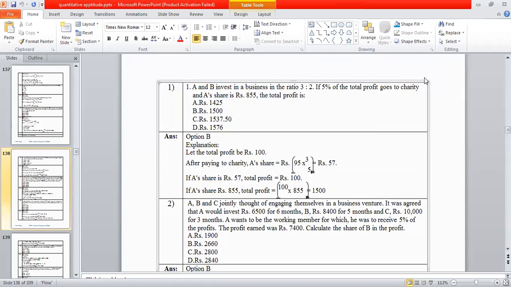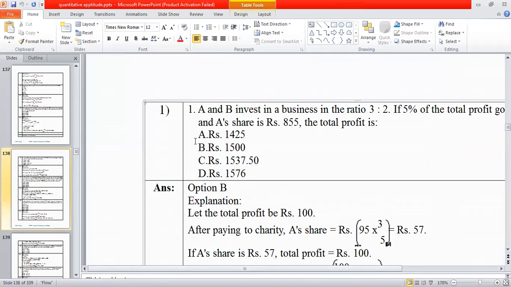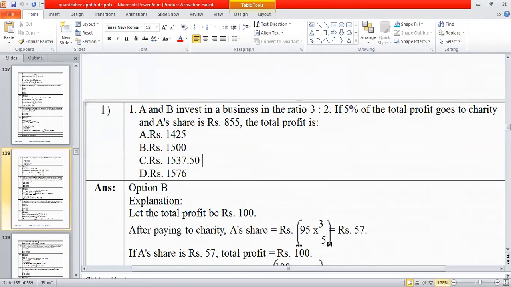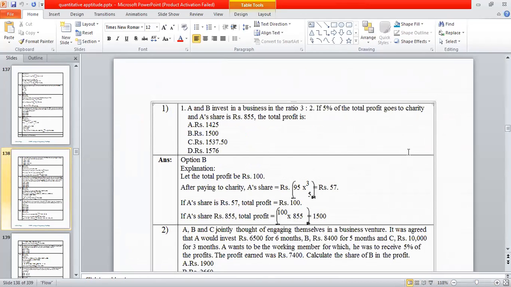A and B invest in a business in the ratio 3:2.